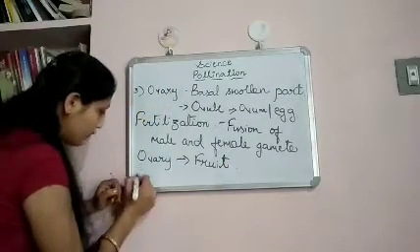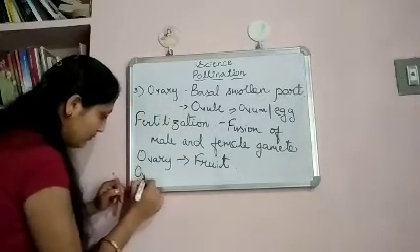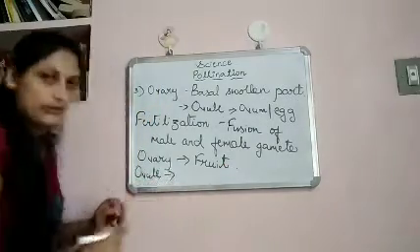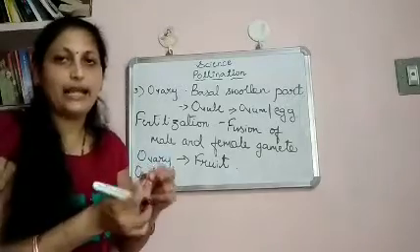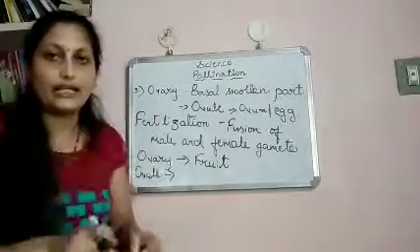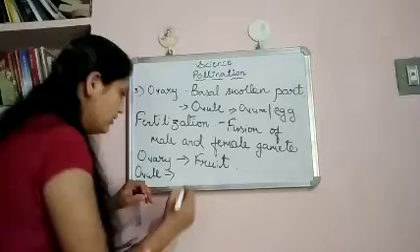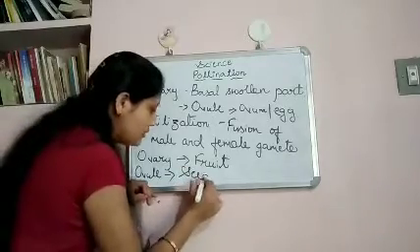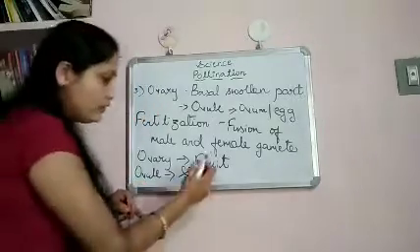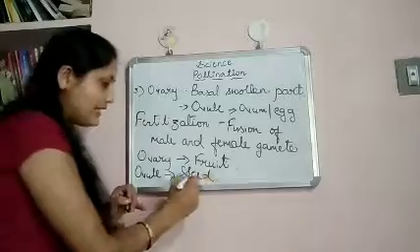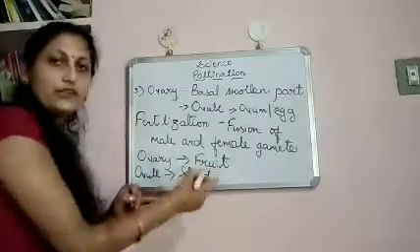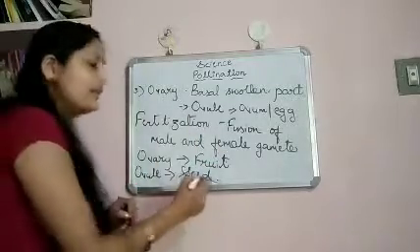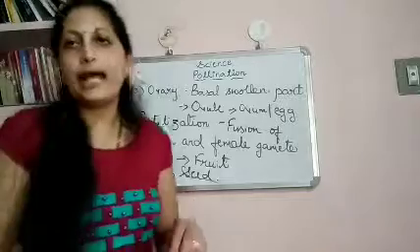And the ovule, inside which egg and pollen grains are fused together, develops into seed. First you will find fruit, inside the fruit there is seed. So this seed develops into new plant.